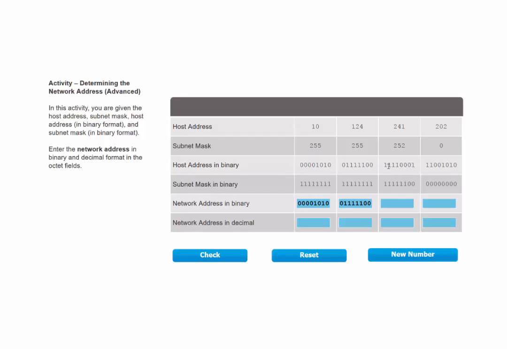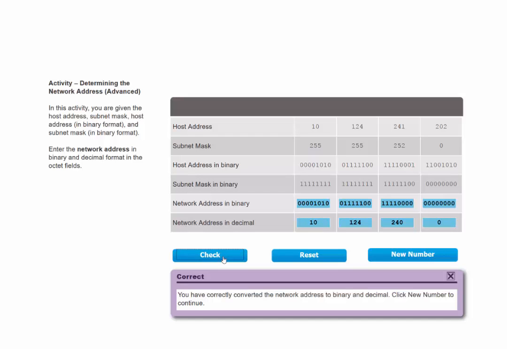So those 6 bits will remain the same, which will make it 1 1 1 1 0 0, and then the rest will be all zeros. All right. Remember that this number is simply the same number here minus 1. So this will be 240 because we only set this bit to 0. So this is 240, and the rest will be the same. This is 10, and this is of course 0. So this number should be correct.